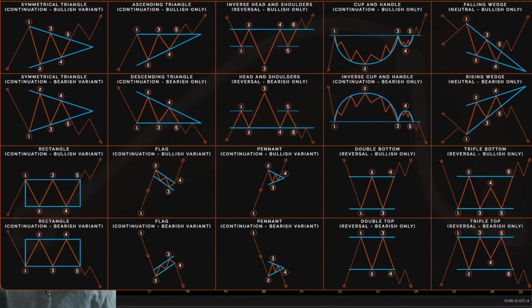Our symmetrical triangles. And we have our flags, as you would call them, or a rectangle, just a straight box. You also have the curve version, which is like what you would actually call a flag or a small wedge. But usually your wedges are going to be more of a triangle. They're going to pinch down, okay?